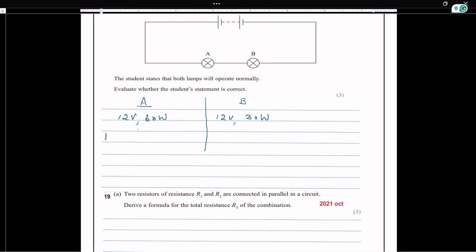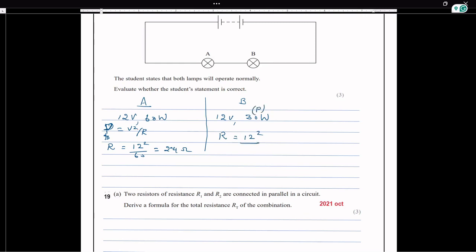We have the equation power equals V square over R. From that we can calculate the resistance. Resistance is 12 square over 60. This is giving a resistance of 2.4 ohms.